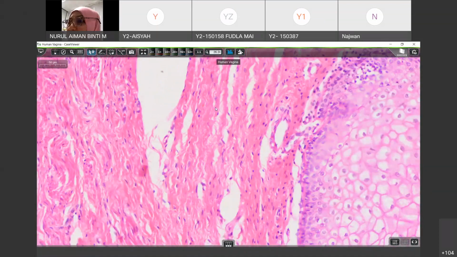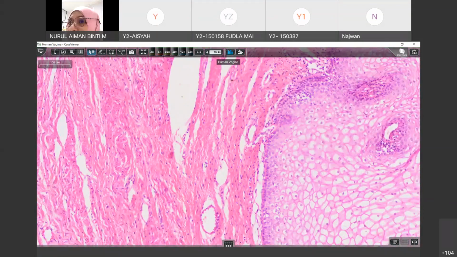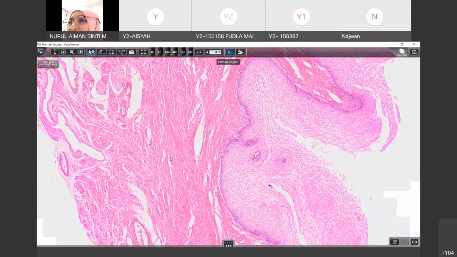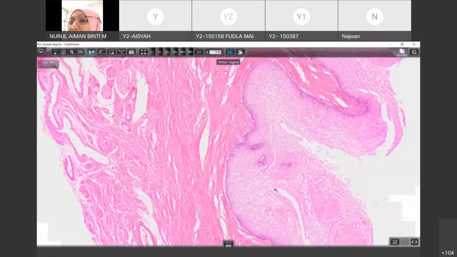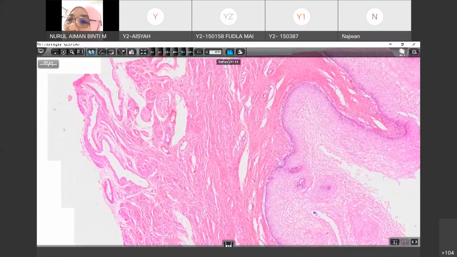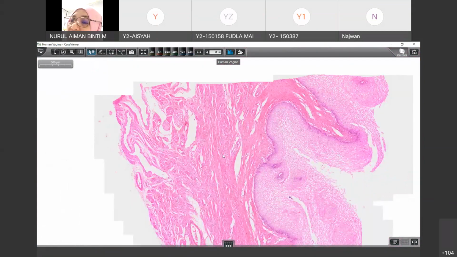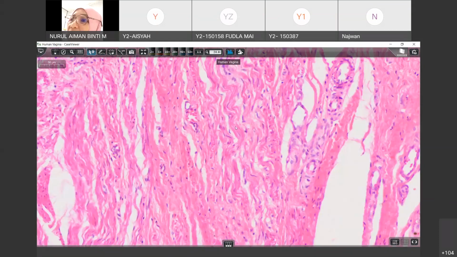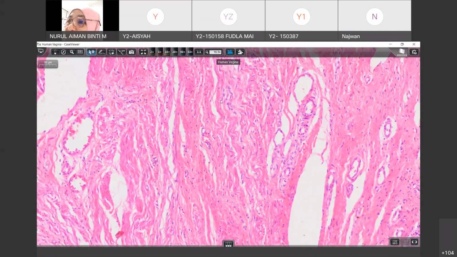This is part of the elastic tissue, which is plentiful in the vagina layer, because during parturition it returns the vagina wall to its normal position. But for elastic tissue, you have to use a very special stain to identify it. Besides the collagen, of course, which is in the outer layer of the vagina.